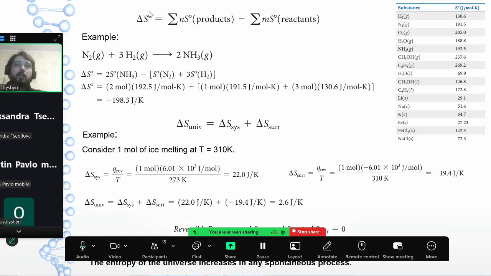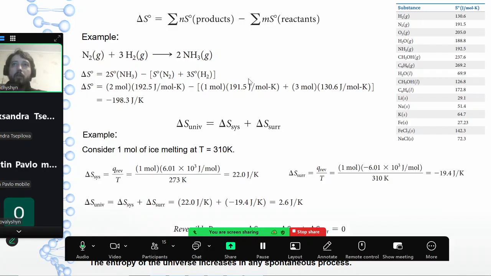Once again, entropy is a state variable, so it is meaningful to calculate deltas, like entropies of products minus entropies of reactants, and you will have tables on the internet that provide you with entropies.